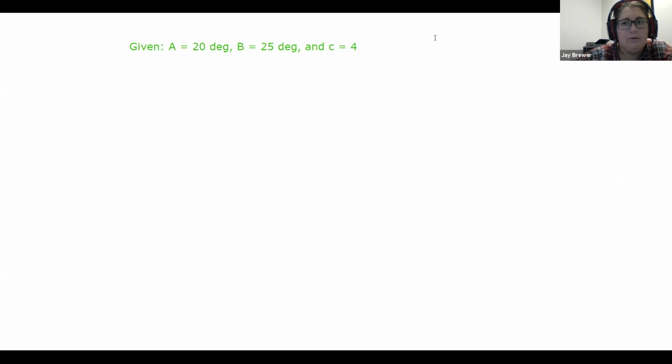So the first thing we can find is what? We have 2 angles there. So what do you think the easiest thing is to do first? Finding C. Find C. Yep.